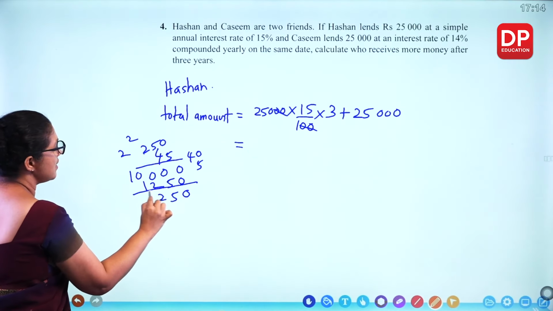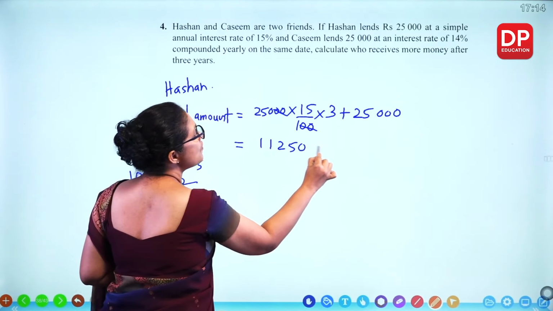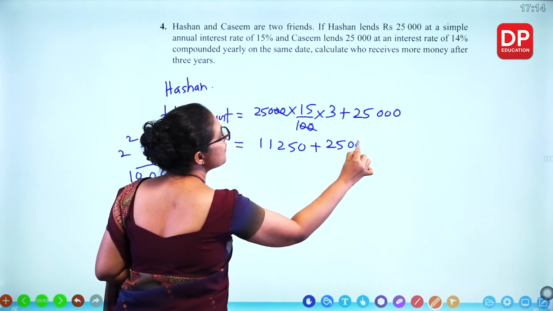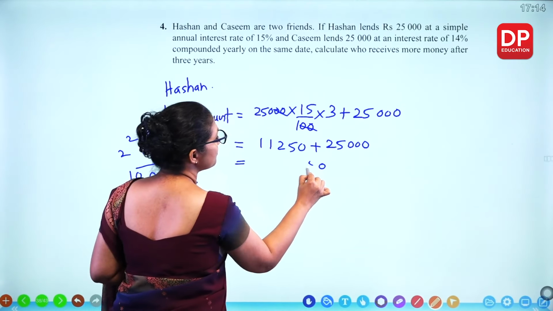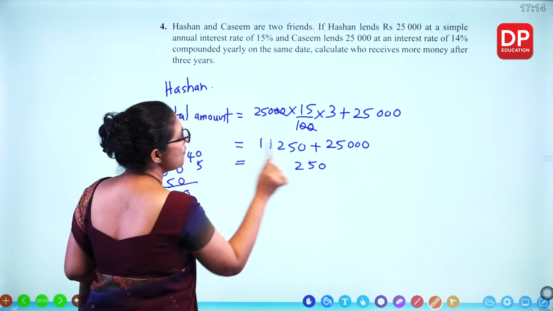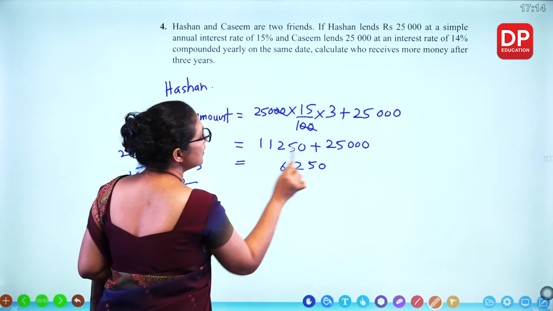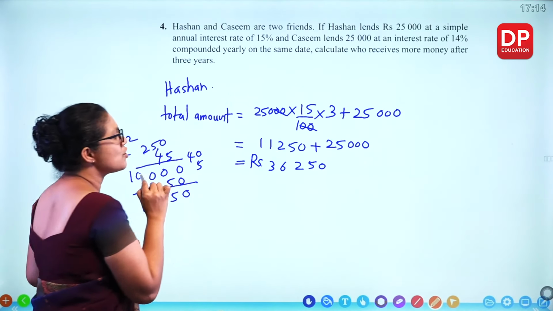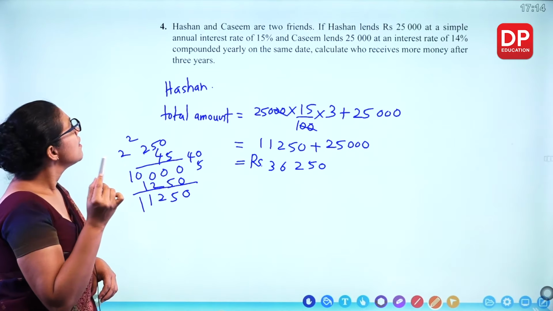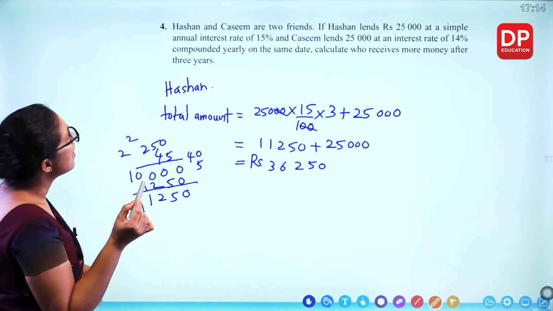So when you add together, you get 11,250 plus 25,000. So what's the total amount? 250, and this 5 and 1, 6, 2 and 1, 3. 36,250 for Hashan.